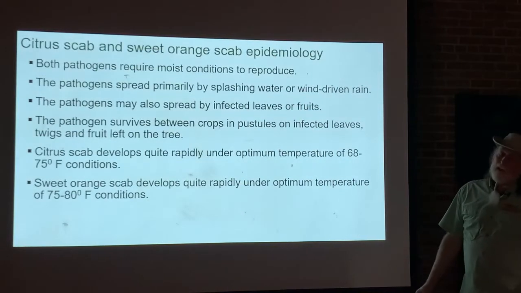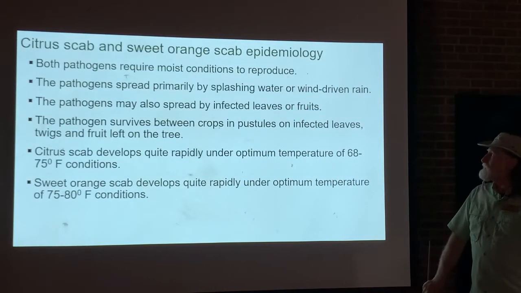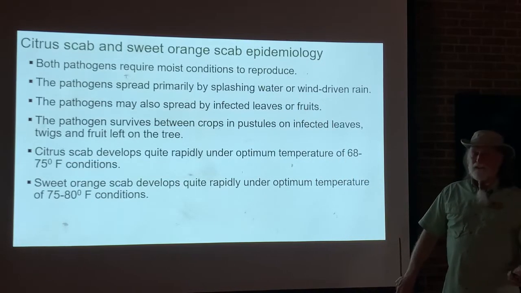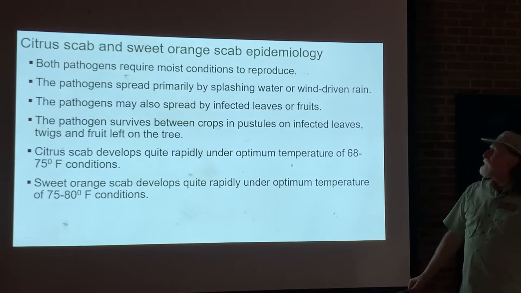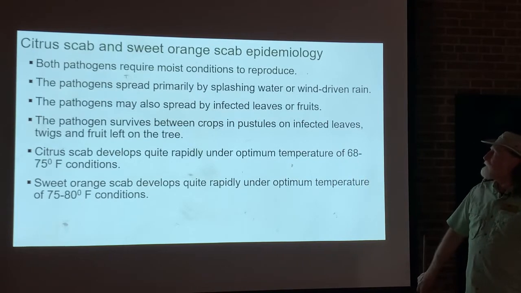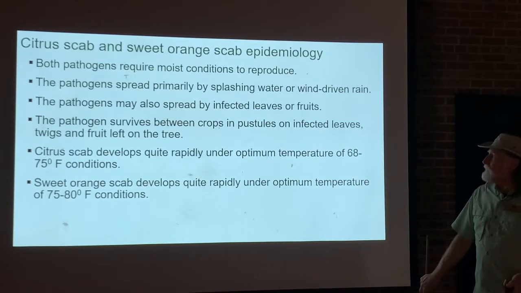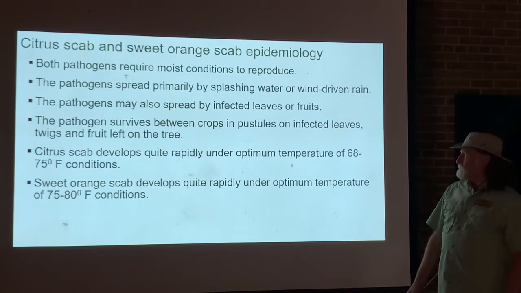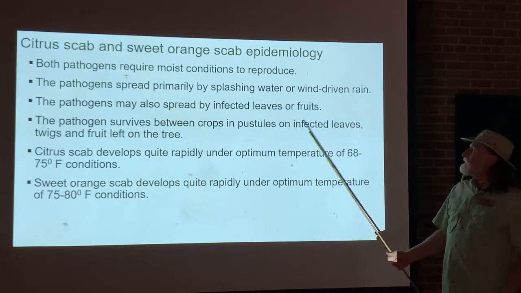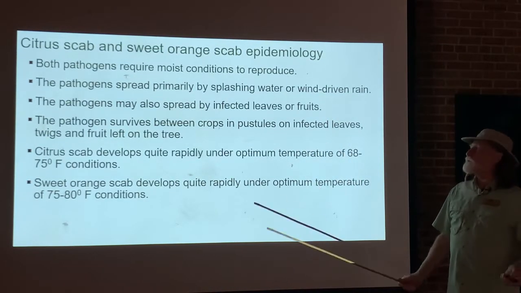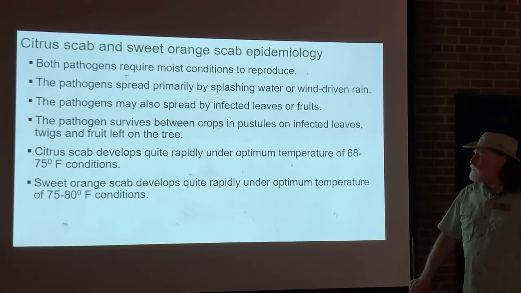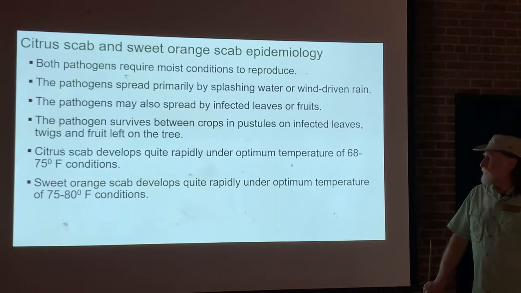Now, the epidemiology of both citrus scab and sweet orange scab is pretty similar. They require moist conditions to reproduce. The pathogen is spread primarily by splashing water or wind-driven rain that gets the spores into the air and able to spread from one plant to another. But by moving leaves or fruit around, you can also spread the disease that way. So you don't want to be moving diseased tissue around from one place to another.